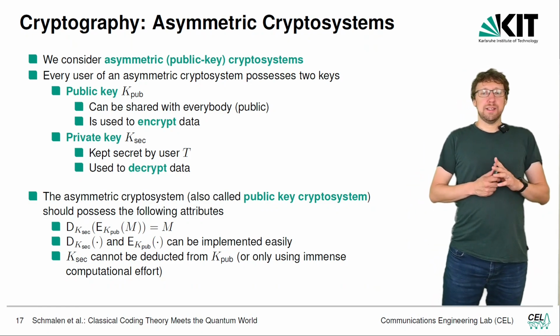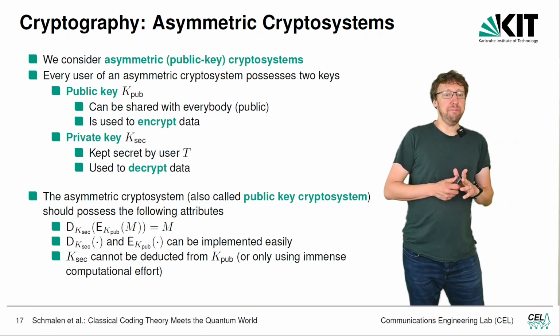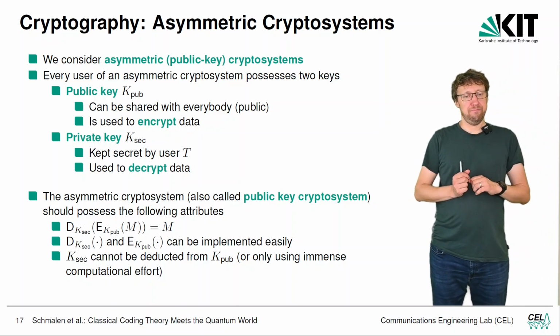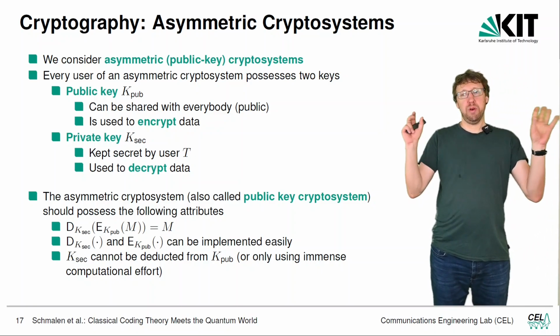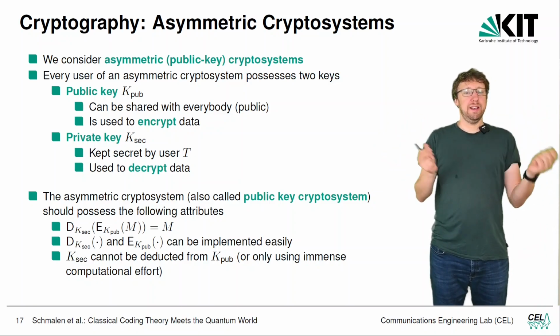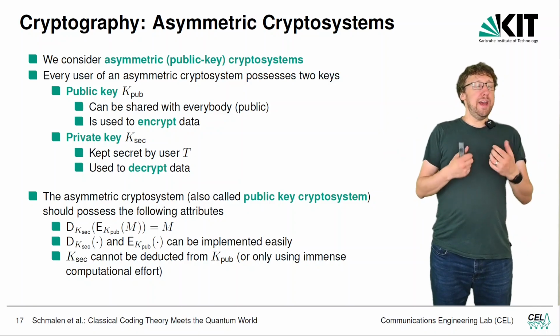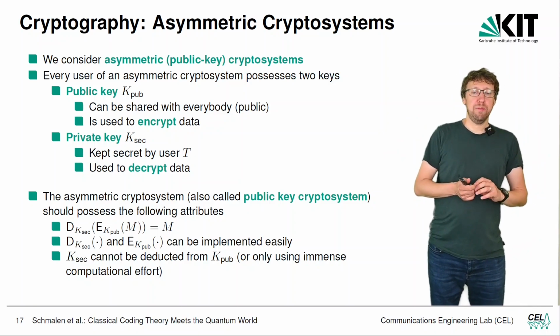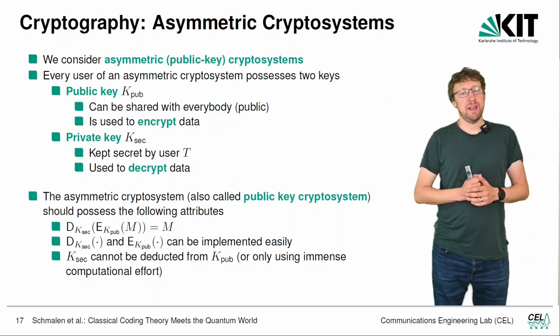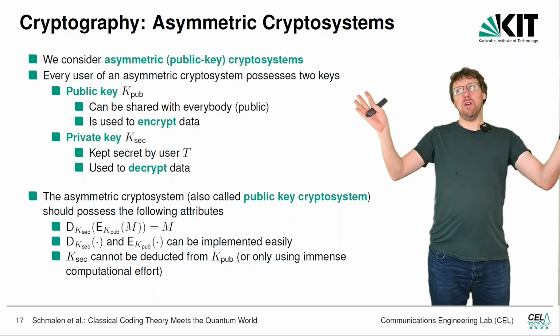So what are symmetric and asymmetric crypto systems? We mostly consider asymmetric crypto systems. In a symmetric crypto system, both parties have the same key and use the same key for encryption and decryption. In an asymmetric or public key crypto system, we have two keys. We have a public key, K public, which is in a central repository.